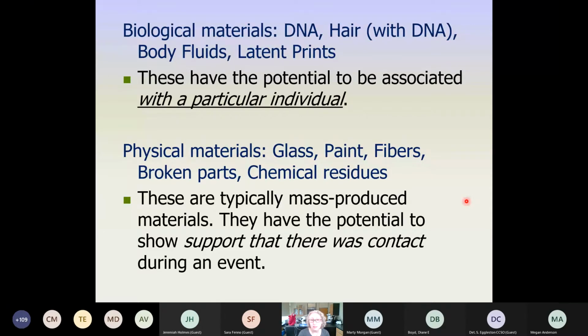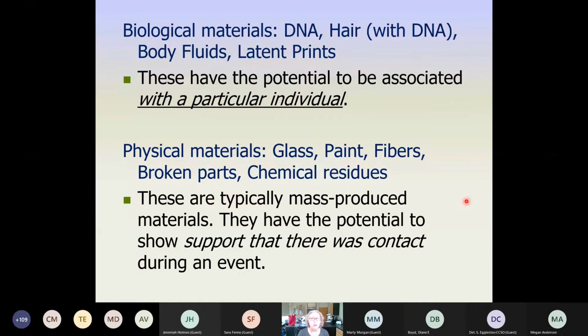They are mass-produced materials in most cases, but they have the potential to show support that there was contact during an event. So think of this as kind of the advantage and disadvantage of trace materials such as glass, paint, and fibers. Yes, you can't track it down to a person, so you have some limitations on the who, but you have more information about the when.